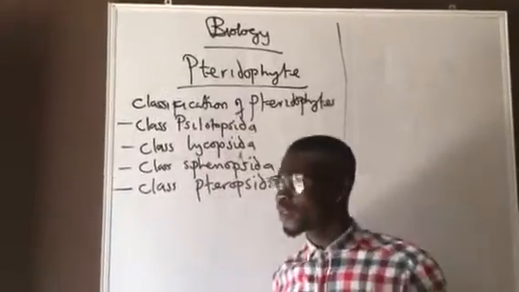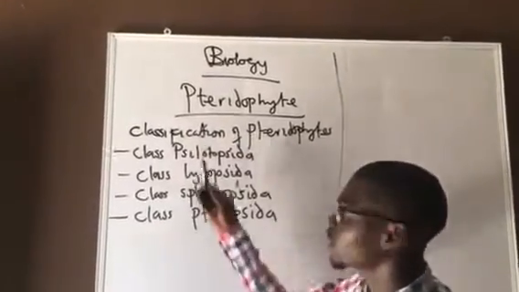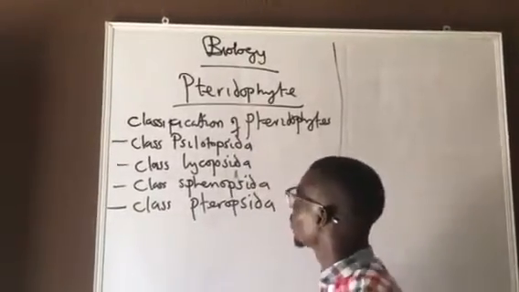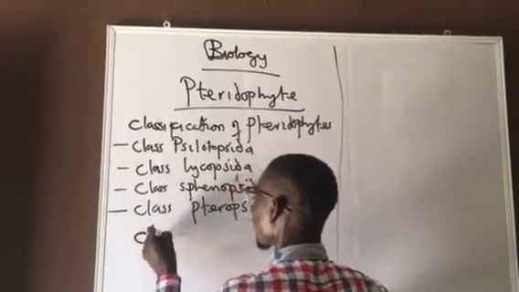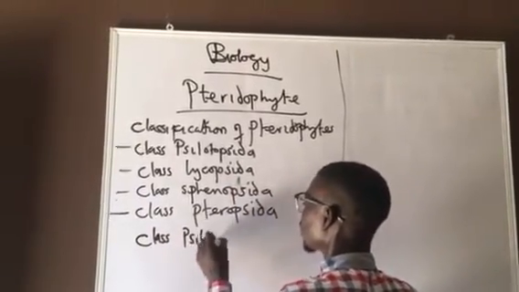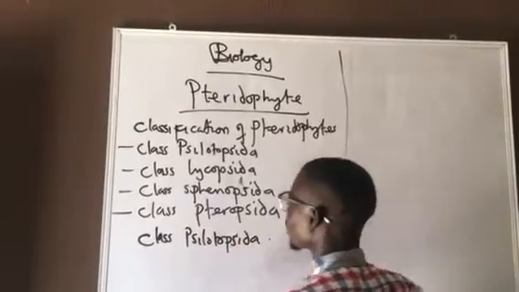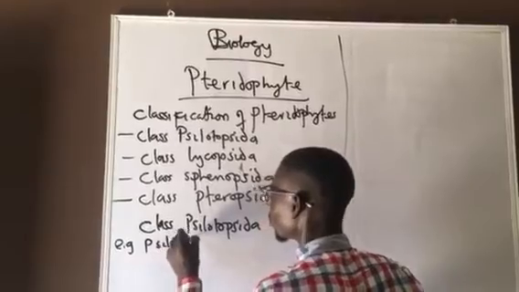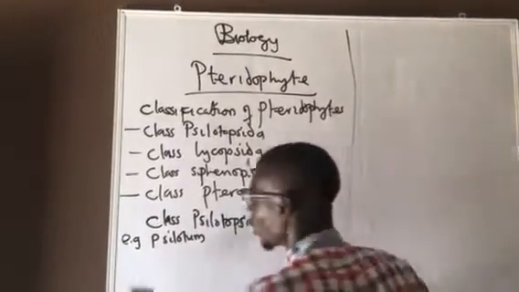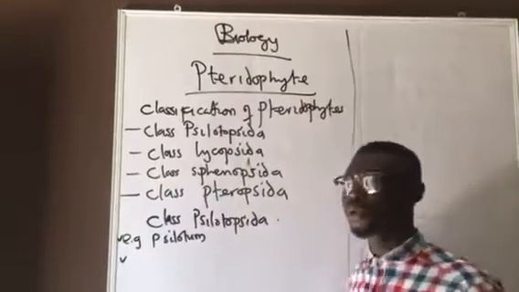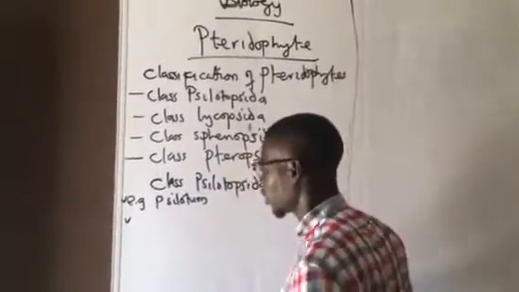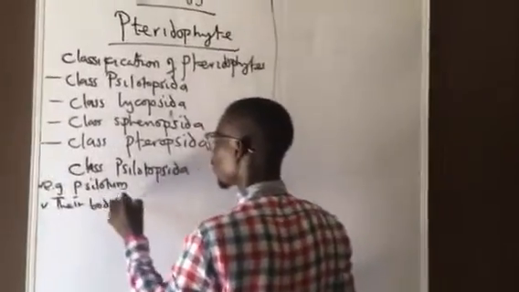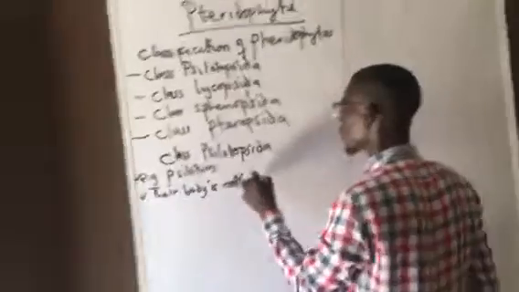We are going to understand this group as well as their characteristics that are peculiar to each. Starting from the class Psilotopsida, a typical example of this group is Psilotum. Psilotum are usually rootless.